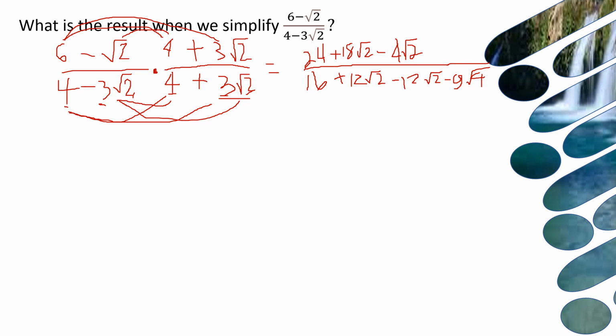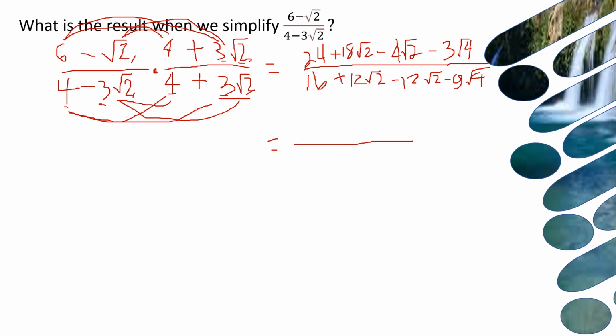And for the last terms, we have negative square root of 2 times 3 square root of 2. So you have negative 3 and 2 times 2 in the radicand is 4. Now simplify the denominator.